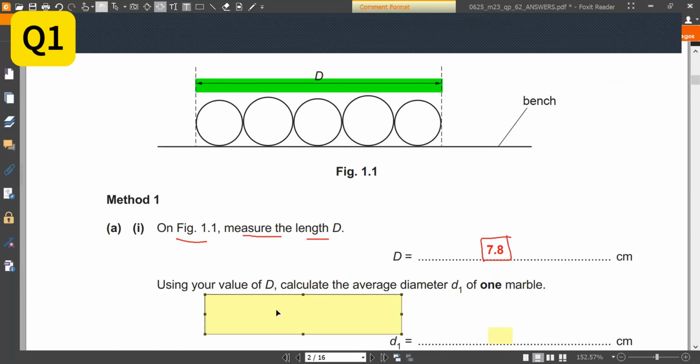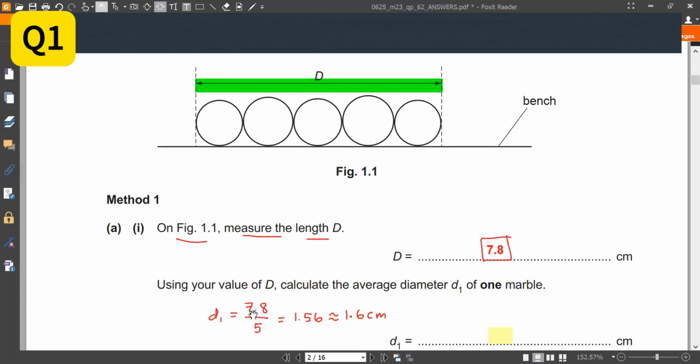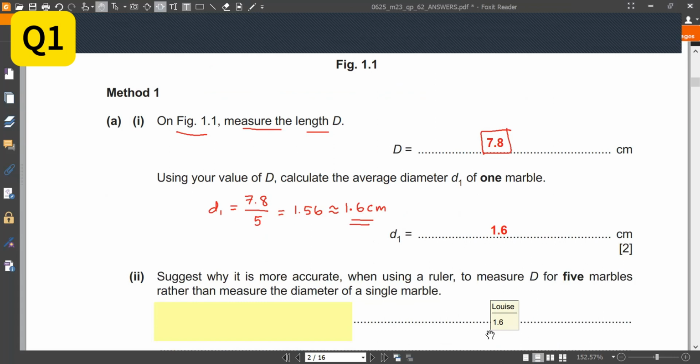So we take 7.8 divided by 5. So that will give us one marble approximately 1.6 cm, the diameter. Straightforward.